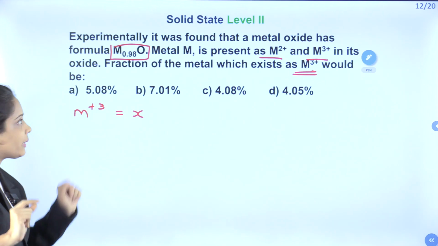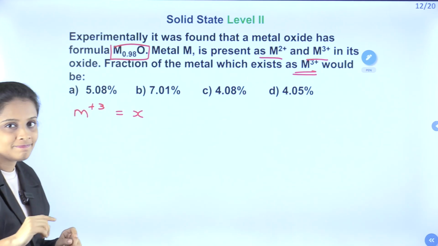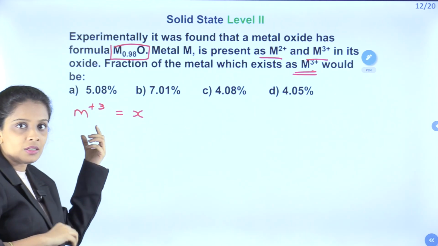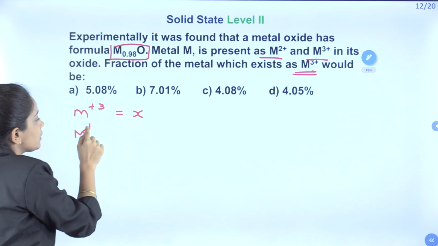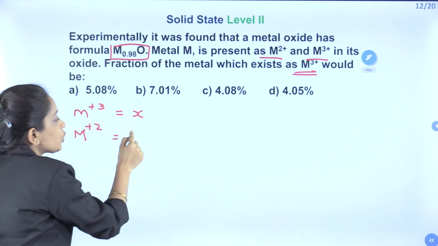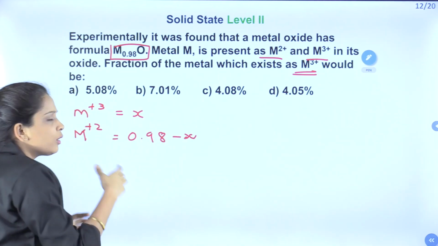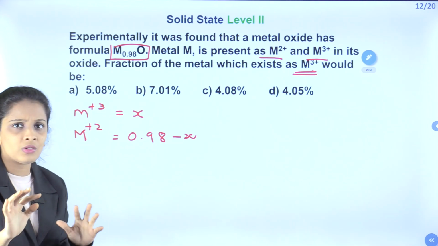See, in this metal the total is 0.98, yes or no, and M plus 3 is an X amount, yes or no. So we can say by this simple logic that total minus M plus 3, the remaining part would be for M plus 2. Simple logic, very simple logic, student.